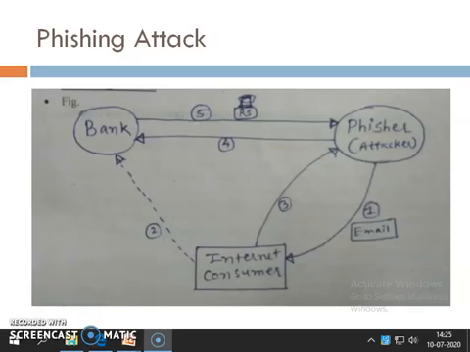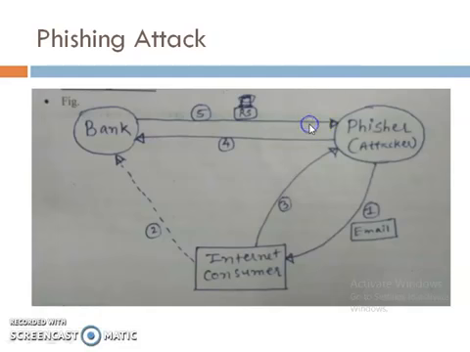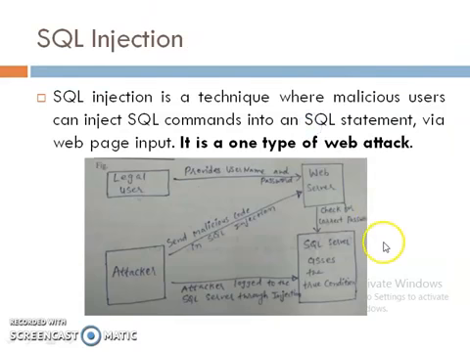Now next, SQL Injection Attack. SQL Injection Attack is one type of web attack in which the malicious user, or attacker, can inject SQL commands into an SQL statement through the web page input.